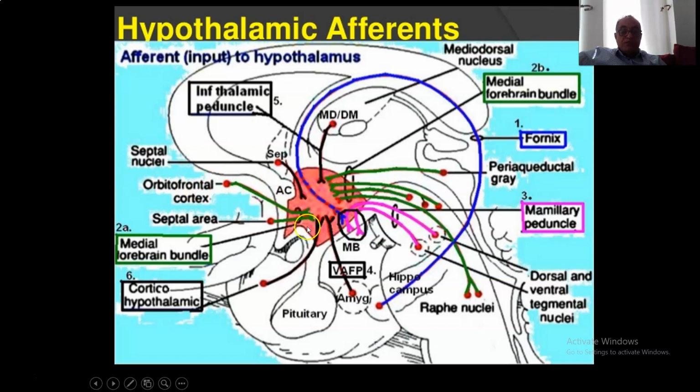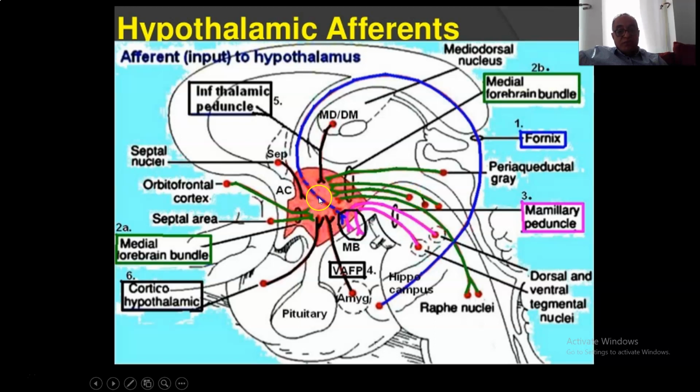And you know also there is something called mammillothalamic and mammillotegmental tracts. Mammillothalamic between the mammillary body and the thalamus, which is part of the circle of Papez, and mammillotegmental between the mammillary body and the tegmentum of the midbrain.